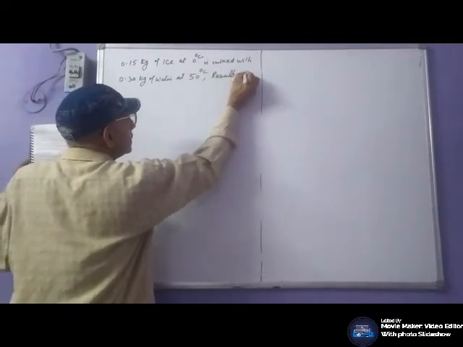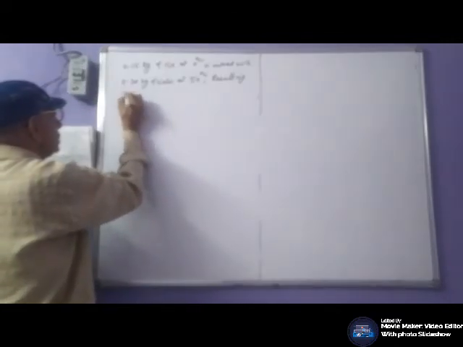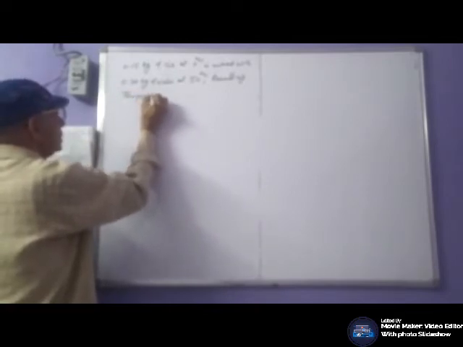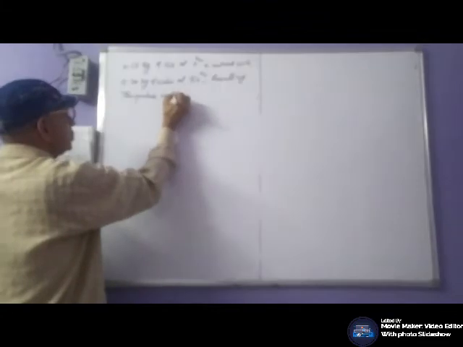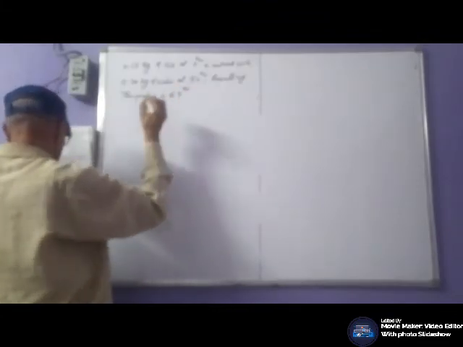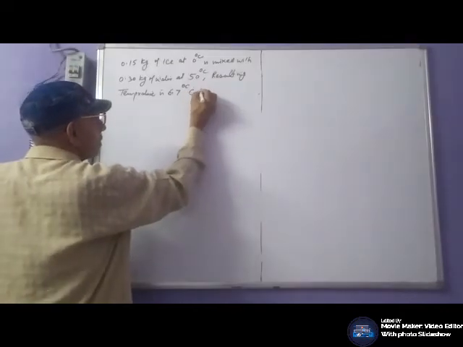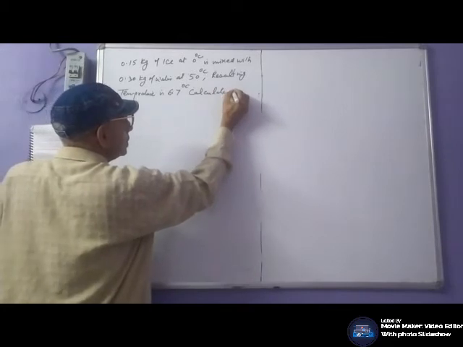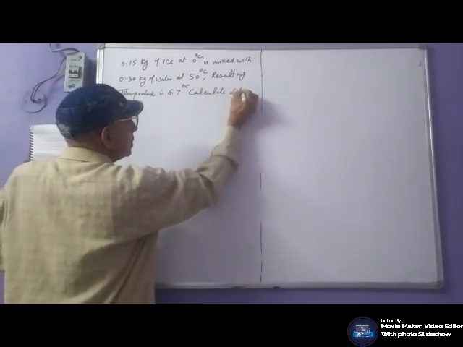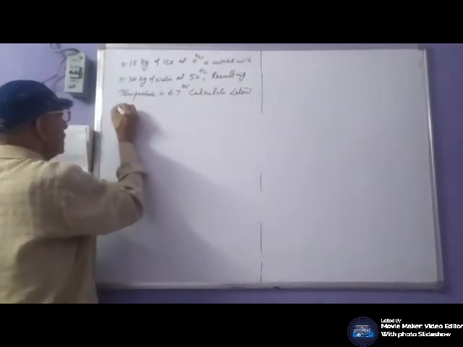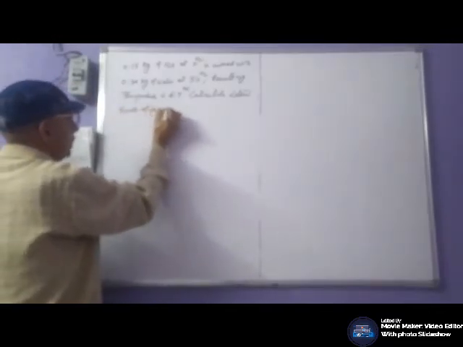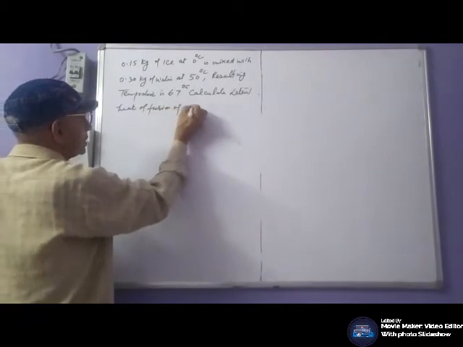The resulting temperature is 6.7 degrees Celsius. Calculate the latent heat of fusion of ice.